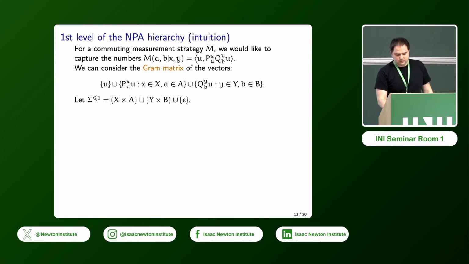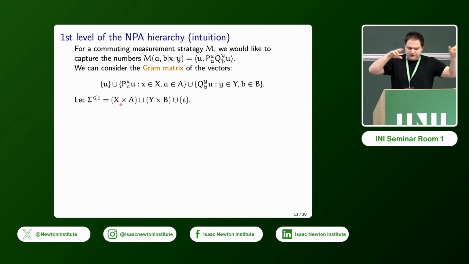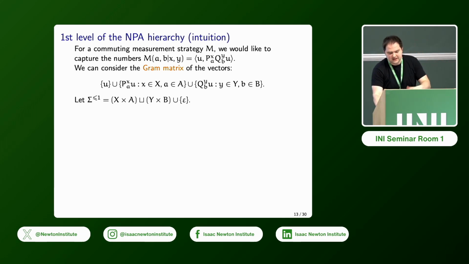To have a nice notation, we can denote the labels. Here we take the disjoint union of x and a, which are the questions and answers for Alice, likewise y and b, and we take the empty string, which corresponds to the vector u. So we take this set of strings, and this will be the index set.